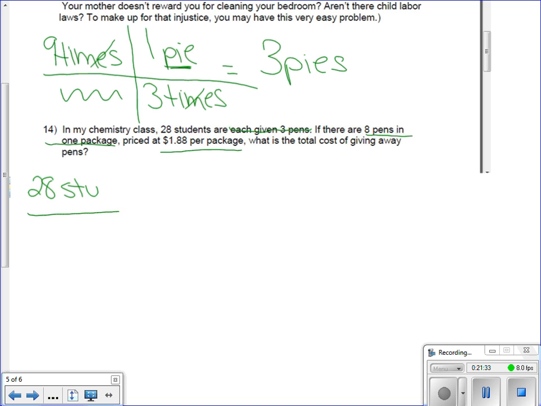28 students. What do we know about these students? They each have 3 pens. Well, how many is each? That's 1. So 1 student equals 3 pens. So I'm going to put student on bottom, so it'll cancel. I'm going to put 3 pens on top.